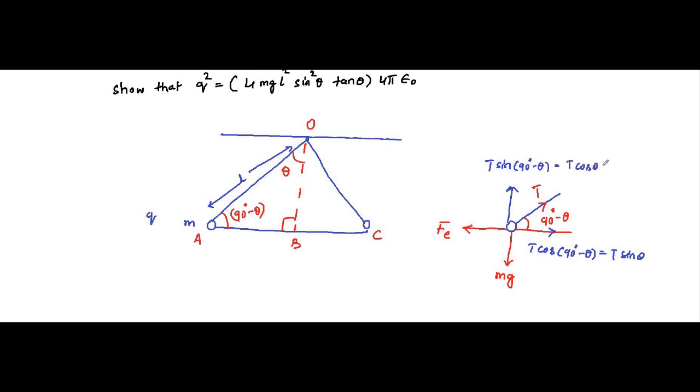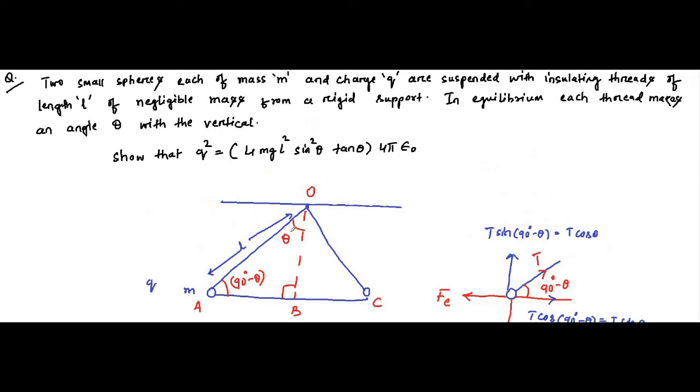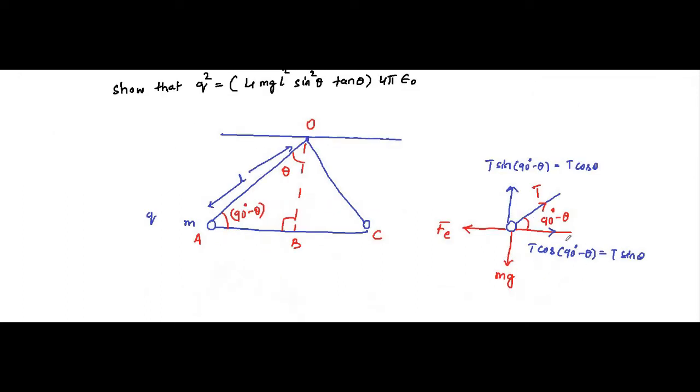Don't get confused. Here it has been given that the angle with the vertical is theta, so obviously this will be 90 degree minus theta. We know cos 90 minus theta is sin theta, so it is T sin theta along the horizontal. Sin 90 degree minus theta is cos theta, so it is T cos theta.